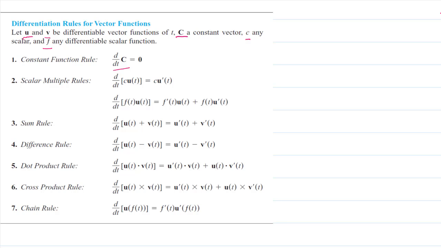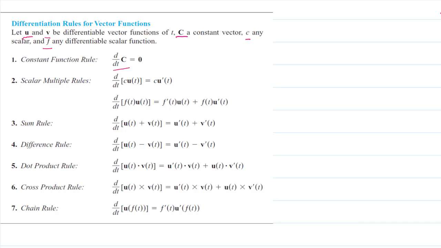Difference rule is similar to the last one. Derivative of u dot v is equal derivative of u dot v plus u dot derivative of v. As you know, dot product is commutative, so we can commute these two functions. Derivative of u of t cross v of t is equal to derivative of u cross v plus u cross derivative of v.